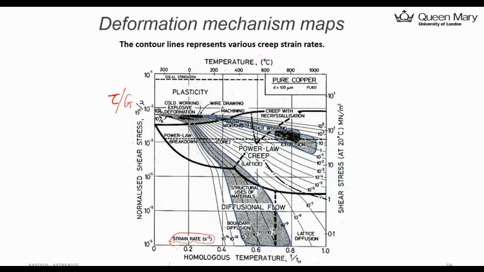So these lines are for different grain sizes, which contribute to different strain rates when you calculate that equation, and that gives you a lot of contour lines. The point here I wanted to explain, not to ask you to remember anything of that, is just to show you a typical map for an engineering material.